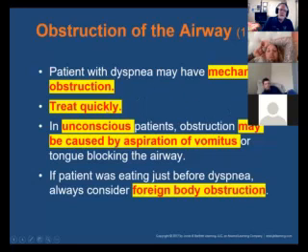We have to treat this quickly before we treat anything else other than exsanguination, which would be completely bleeding out. In conscious patients, the obstruction could be caused by aspiration of vomit. Most common airway obstruction is the tongue blocking the airway.